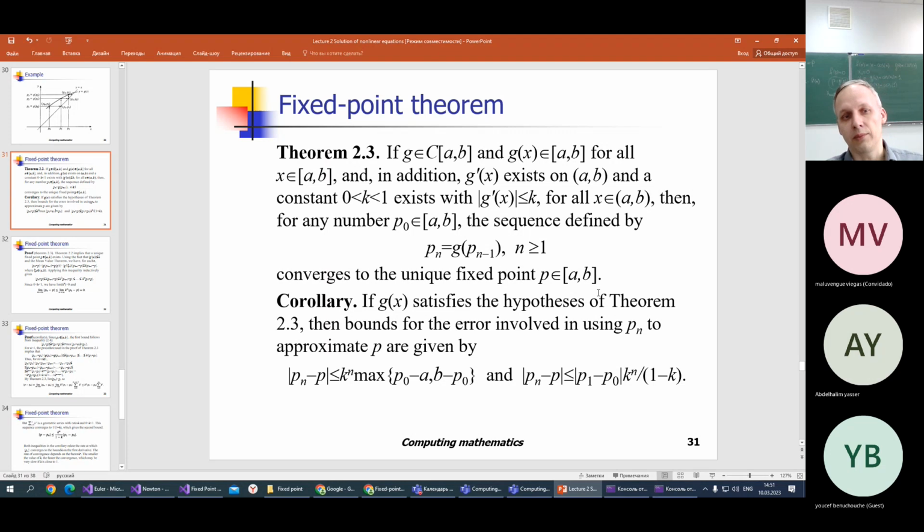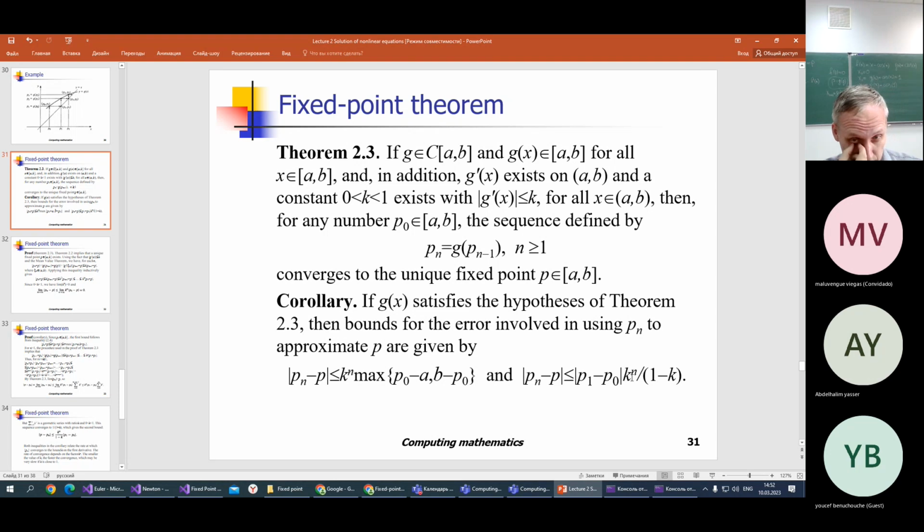And the corollary from this theorem tells us that if g of x satisfies the hypothesis of the theorem, then the bounds for the error involved in using Pn to approximate P are given by the following inequalities: the modulus of Pn minus P is smaller or equal to k power n times the maximum of P0 minus a and b minus P0, and the modulus of Pn minus P is smaller or equal to the modulus of P1 minus P0 times k power n over 1 minus k.